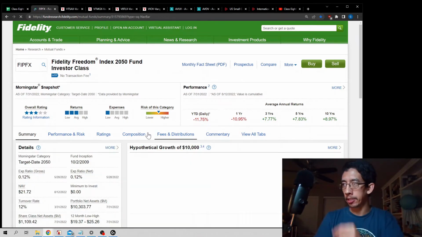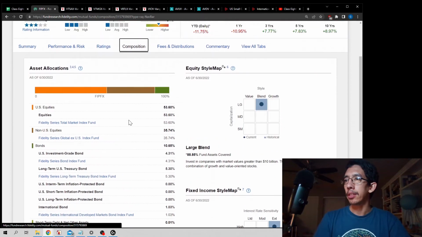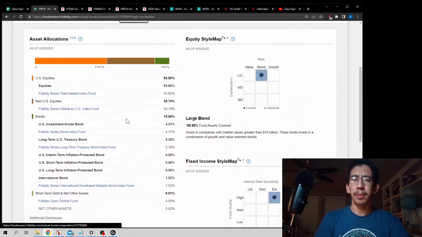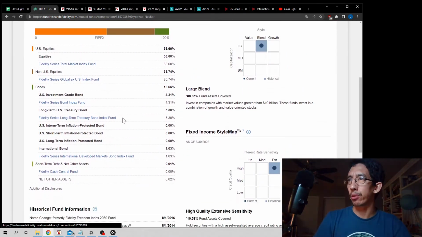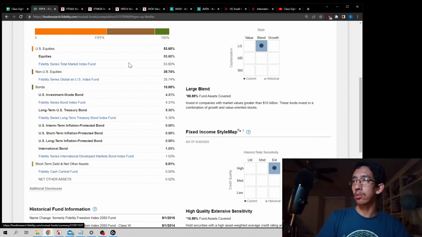Okay, so we're in the index fund now, and we can look at the composition and see how much simpler that is. Maybe you don't think that's simple, but let me elaborate. You have 53.6% in US equities. That's just a normal US index fund. You have 35% in non-US equities, just an international fund right here.